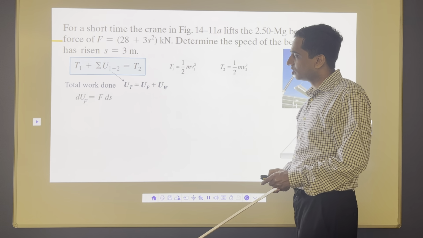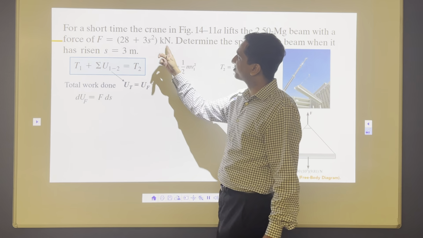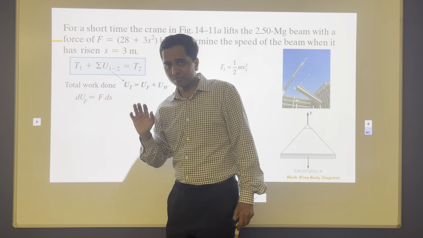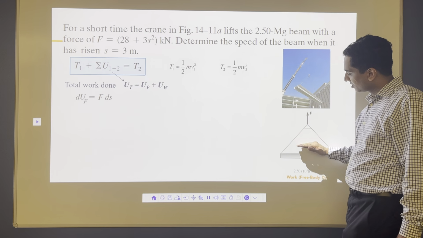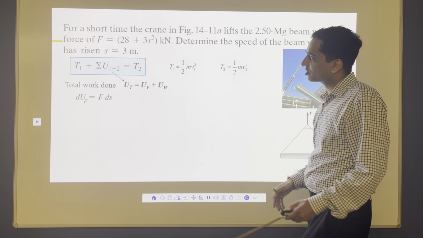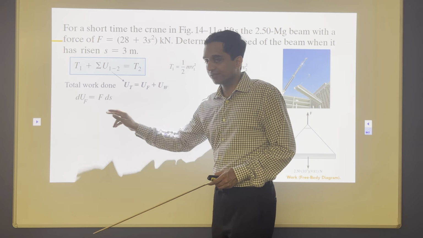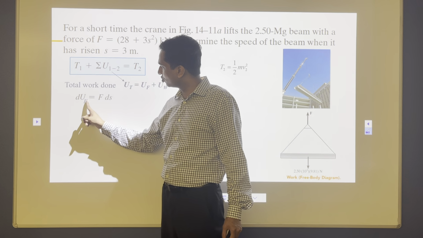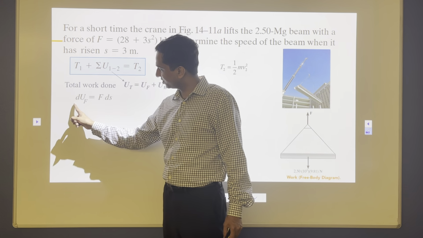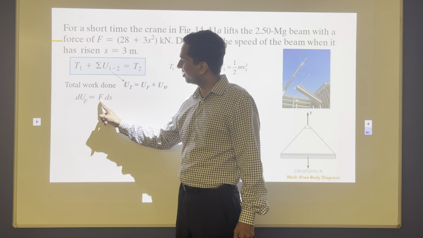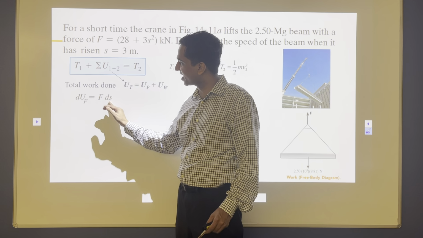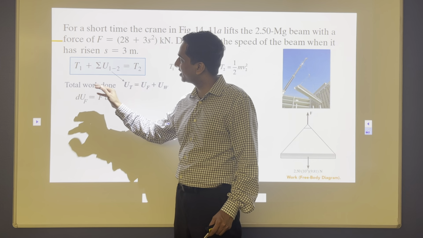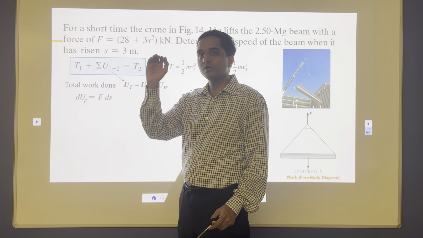So now, as this force is a function, I am going to say for a very short distance ds, the work done is dUF, which is equal to F ds. That's my short work done for ds, and based on that I can calculate the total work done from 0 to 3 meters.